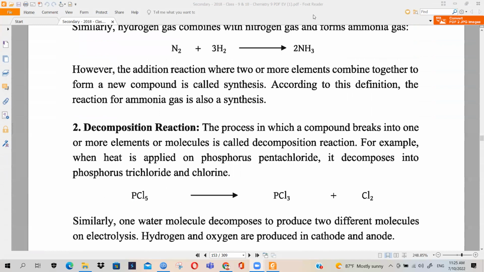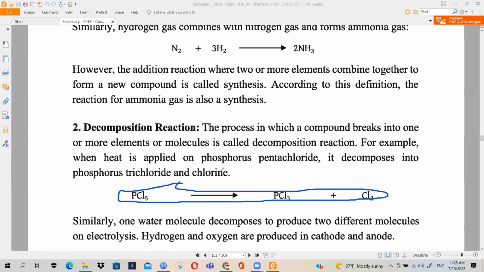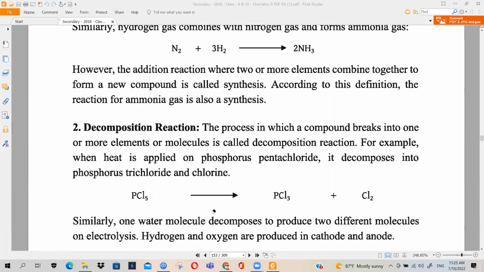Okay, now try this one. Decomposition reaction. Decomposition means a particular compound would decompose into two specific compounds. For instance, here it was PCl5, and if you add heat or do electrolysis or some sort of different operation, it has divided into chlorine and phosphorus trichloride.